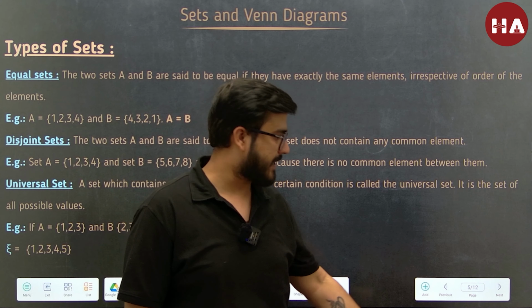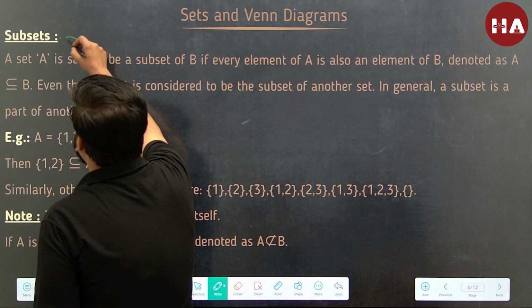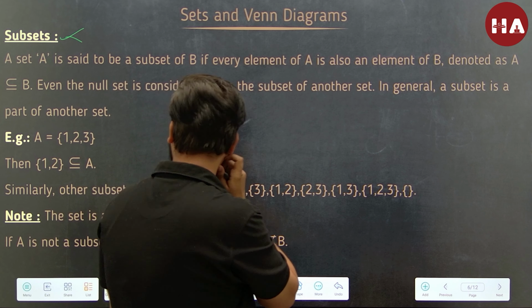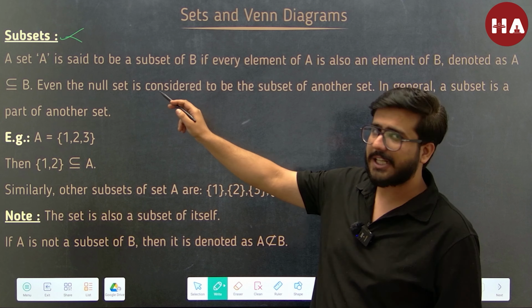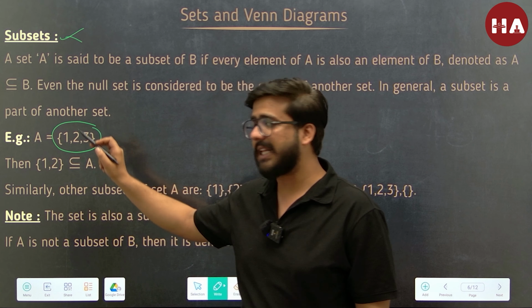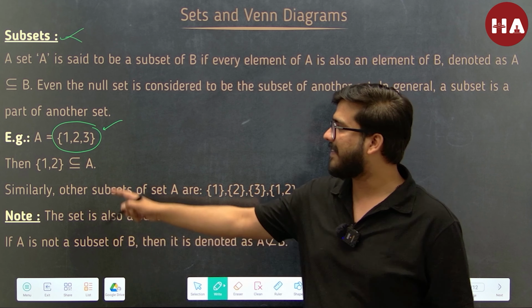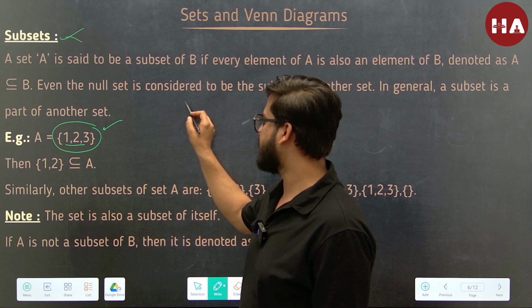Okay, students, let's proceed further. So what are subsets? Basically we'll talk about subsets and supersets here. A subset is basically defined as a set which is contained in the set that has been given to us. For instance, if we have a set with 3 elements 1, 2, 3, what will be the subsets, students?